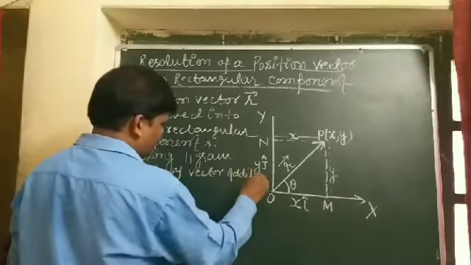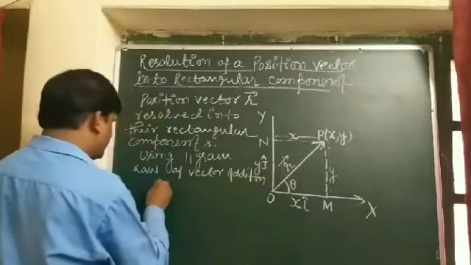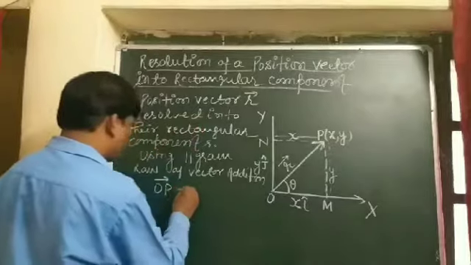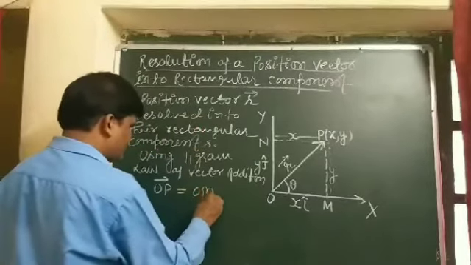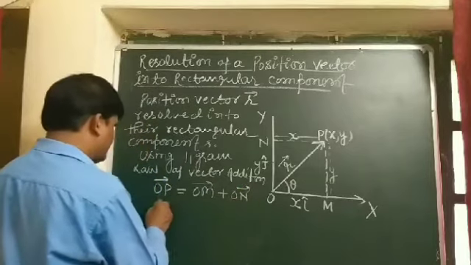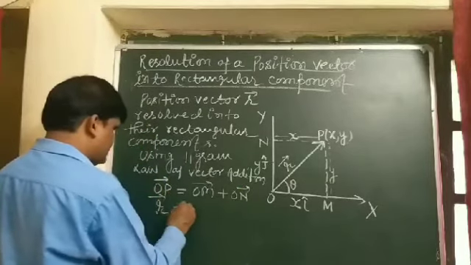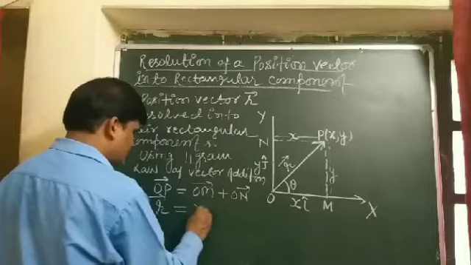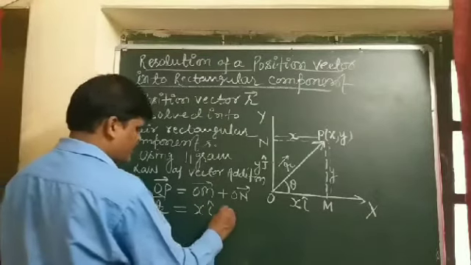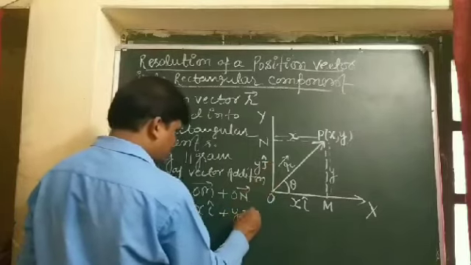So you must write OP vector equals OM vector plus ON vector, where OP vector is vector R, OM vector is the horizontal component of the position vector, x i cap, plus ON, which is y j cap.